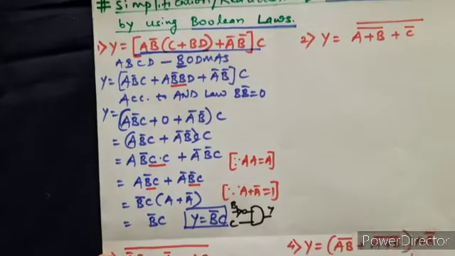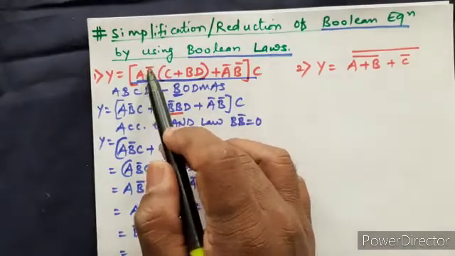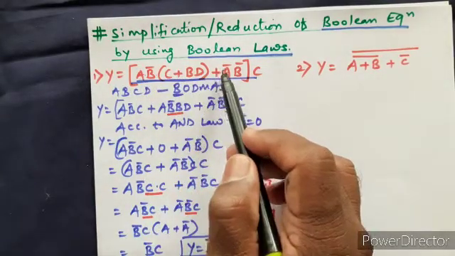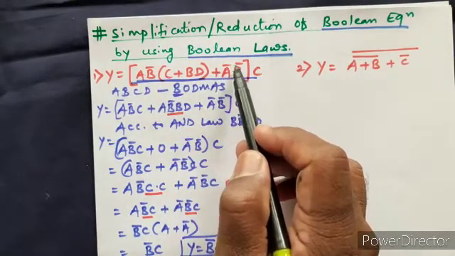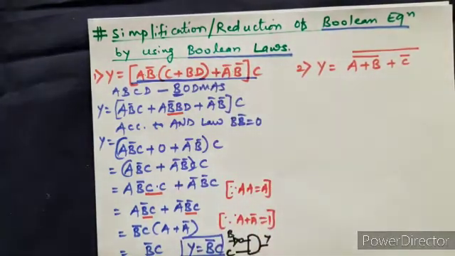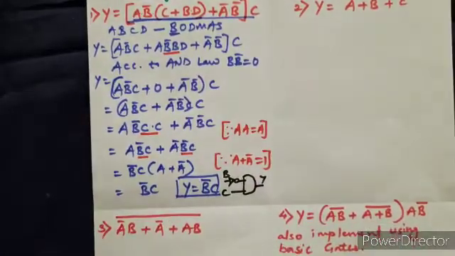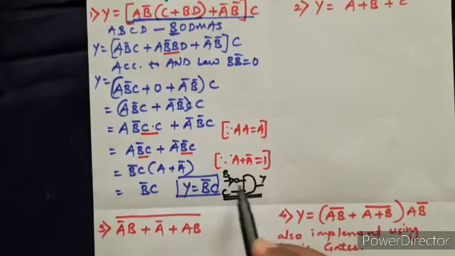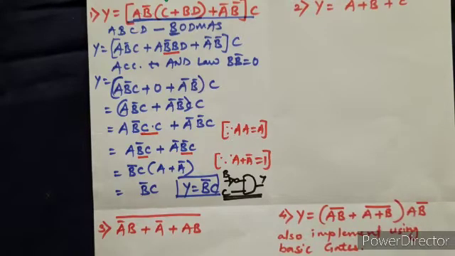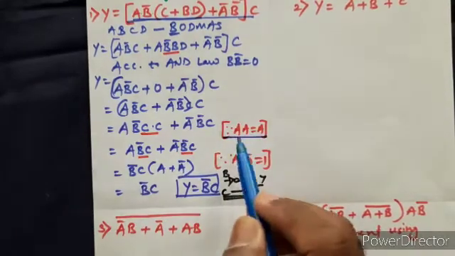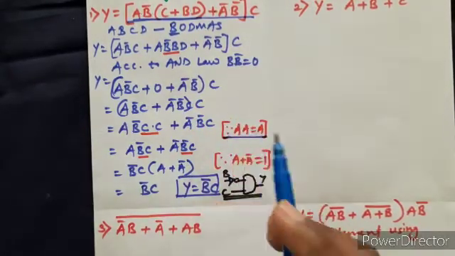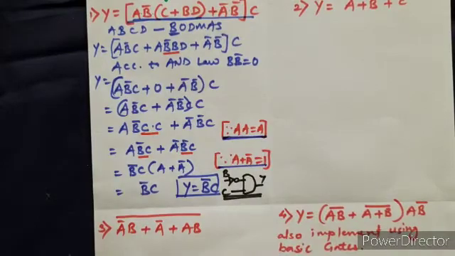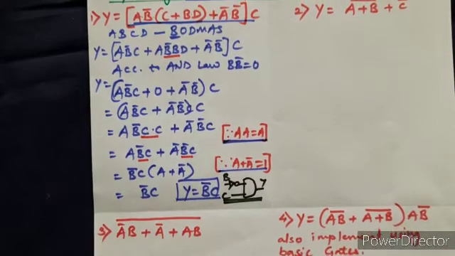Just see here, we had almost 8 to 10 gates, which I have reduced to a single AND gate and one NOT gate, so two gates. So here I have used different laws of Boolean algebra: the distributive law, associative law, ANDing laws, ORing laws. I hope this is clear for you.